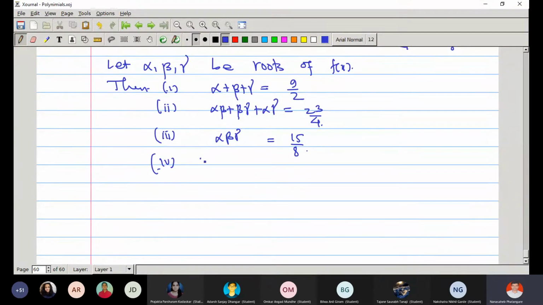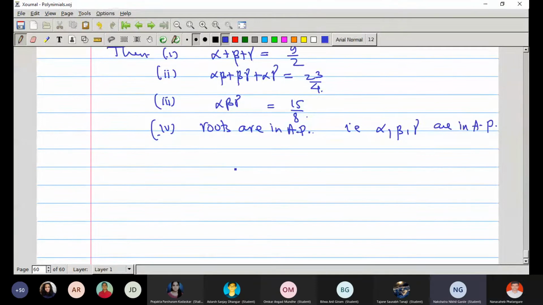Yes. So roots are in AP. Roots are in arithmetic progression means what? When we say that alpha, beta, gamma are in arithmetic progression, what is the relation between alpha, beta, gamma? Beta minus alpha is equal to gamma minus beta.